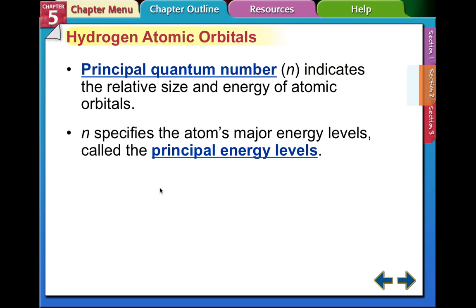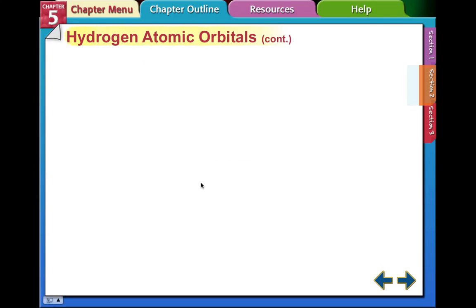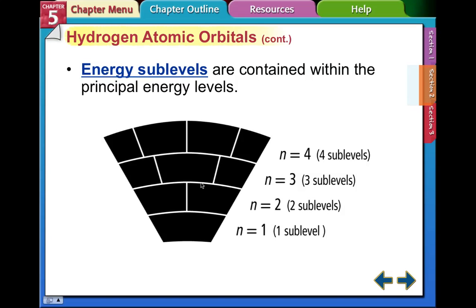Okay, so the principal quantum number is going to be n, and it indicates the relative size and energy of atomic orbitals. N specifies the atom's major energy level, called principal energy levels. And then each energy level can have sublevels. Just like these bricks down here, your nucleus would be right down here.